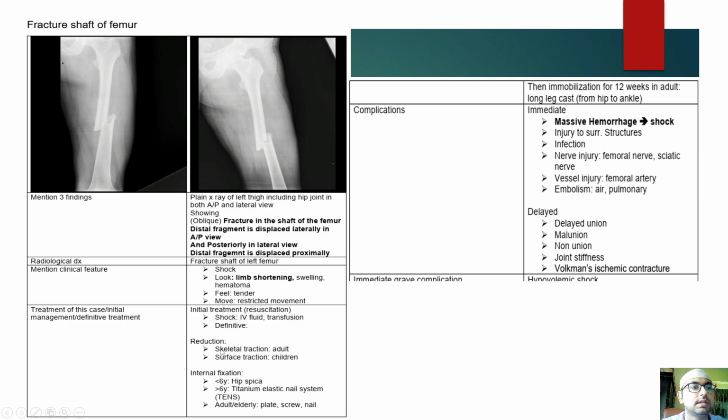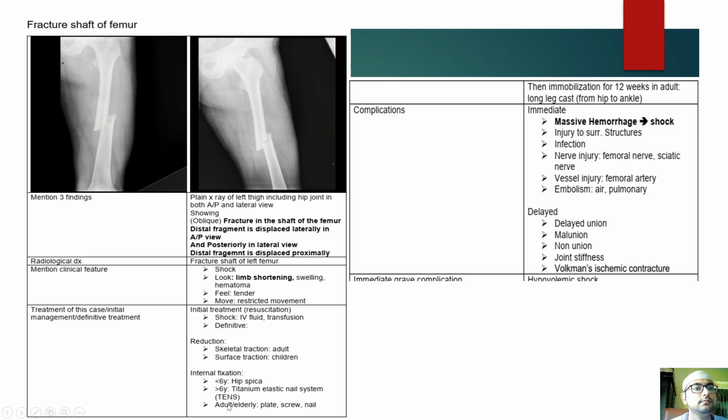Skeletal traction is done by external devices and brick, and surface traction is where the patient is just hanging. Children are in hanging position. That is surface traction. If under 6 years, hip spica, and more than 6 years, titanium elastic nail system, TENS. And in case of adults, plate, screw and nail.